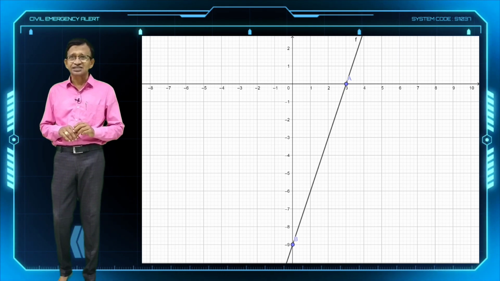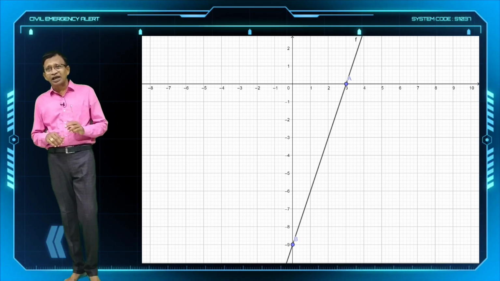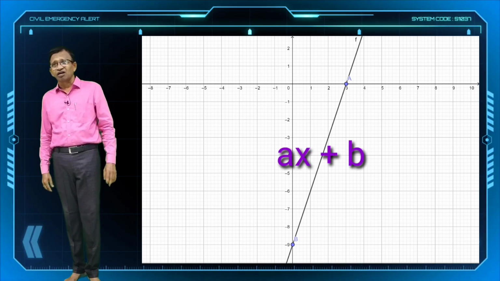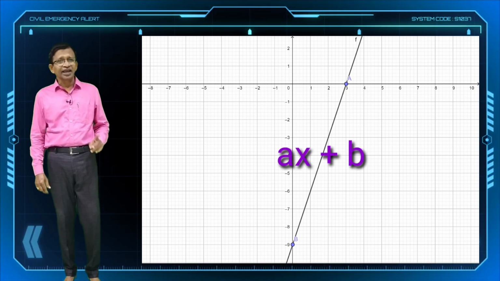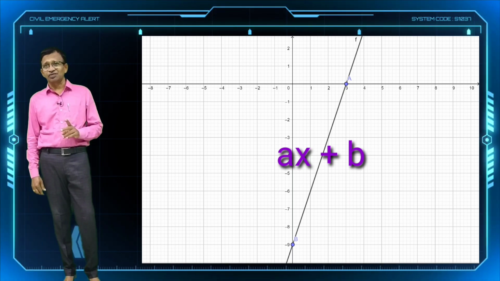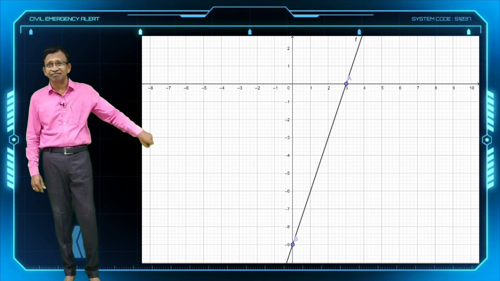Why? Because the polynomial which is in the form ax plus b, where a, b are any two real numbers and a is not equal to 0, always represents a line.